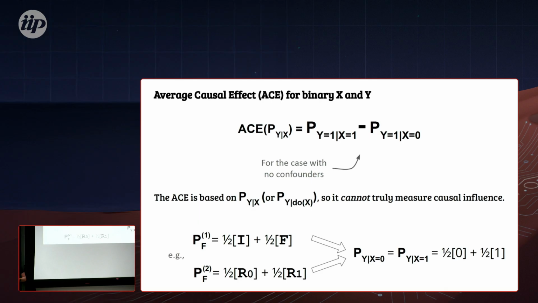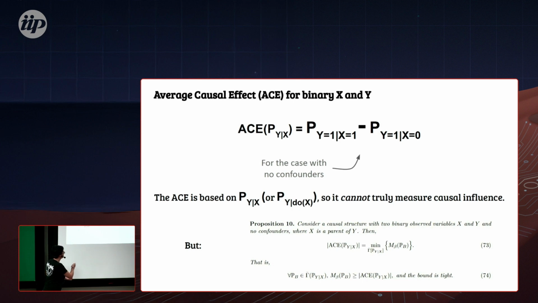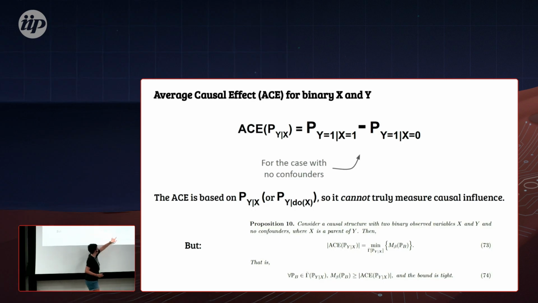But the average causal effect can be recovered from our resource theory in the following way. So we proved that, again, in this causal structure, if you have one conditional probability distribution P of y given x, and then you look at the list of all of the probability distributions over functions that give rise to that same conditional distribution.